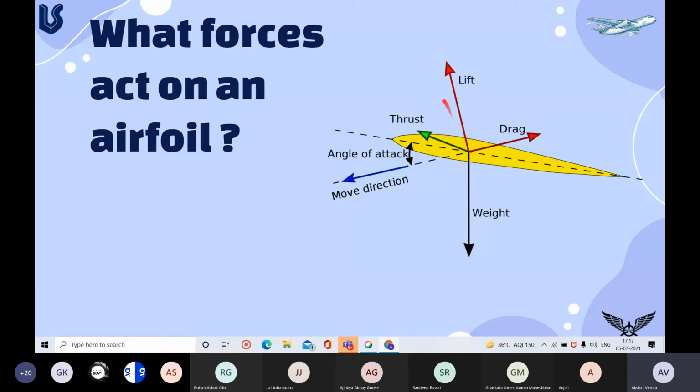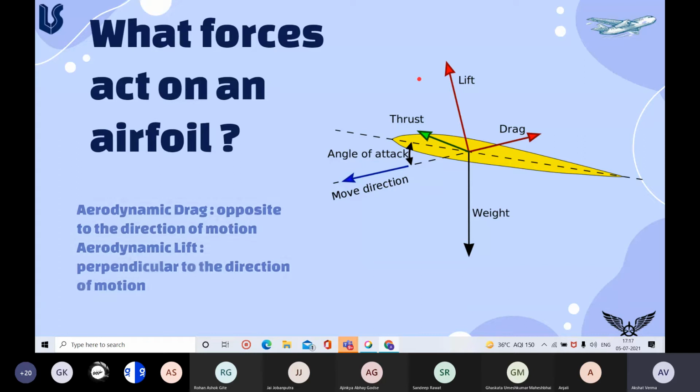The two main aerodynamic forces which we consider in airplane analysis are lift and drag. So what is drag? Drag is a force which opposes the motion of an airfoil in its direction of motion. This is the direction of motion of the airfoil in this particular case, and this is the angle of attack.